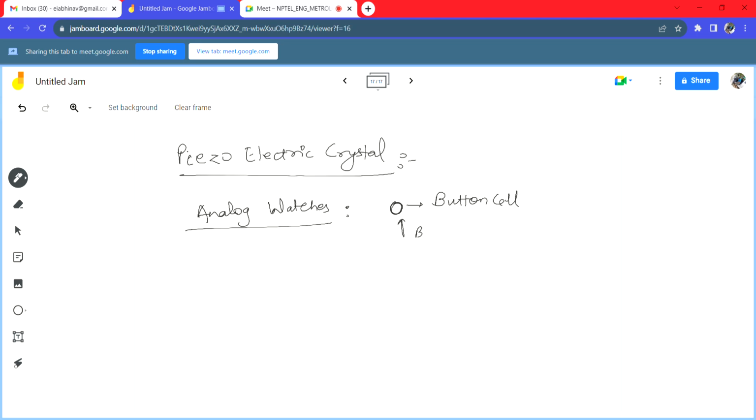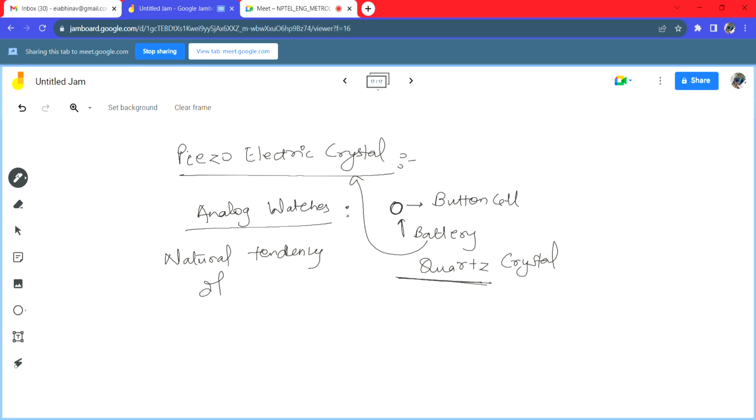This battery is made up of a piezoelectric crystal or a quartz crystal, and hence at times you would have seen in your analog watches it is always referred to as quartz. So what this quartz does is it has a natural tendency of oscillations.